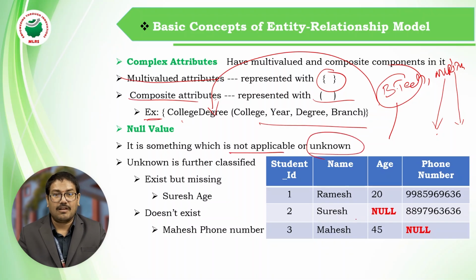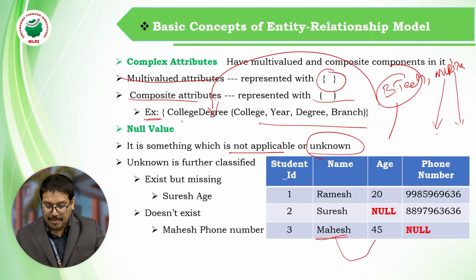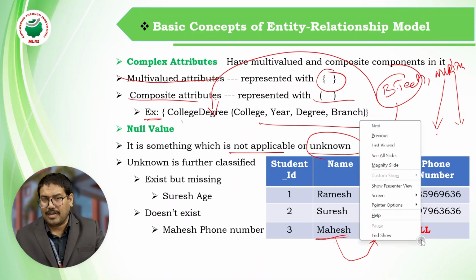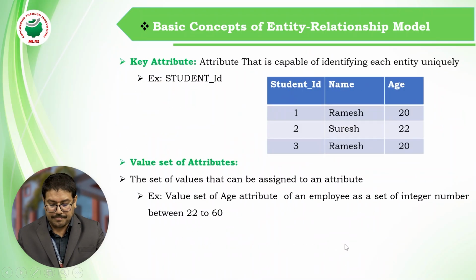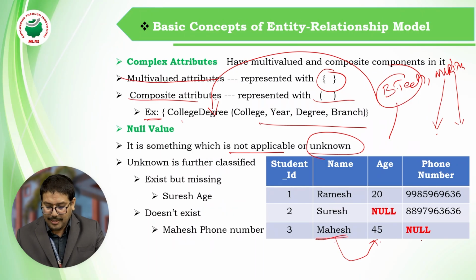I'll give a clear idea of what is unknown. For example, let me take Mahesh. Mahesh definitely has some age, 45 years, and a mobile number. Remember, the mobile number cannot be mandatory. So in this, Mahesh is the name.